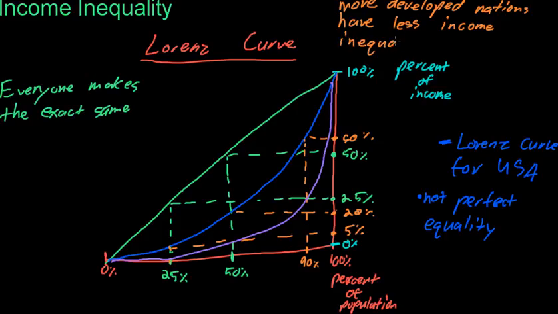In other words, since that's a double negative, they are more equal. Just to kind of rephrase it in nicer English. So really that's all that I want to say about income inequality. The Lorenz curve you definitely need to know how to interpret and understand. And really that's all that I think needs to be said in this place.